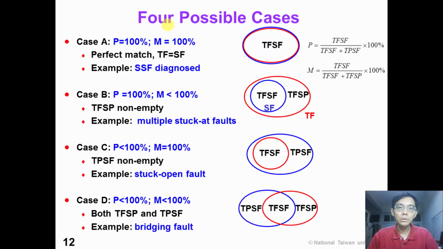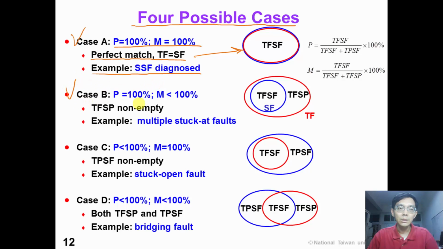Using this dual score system, we can have 4 possible cases. For case 1, both P and M are perfect 100%. This indicates a perfect match where TF is exactly the same as SF. If we see this case, we can say that a single stuck-at fault is perfectly diagnosed.